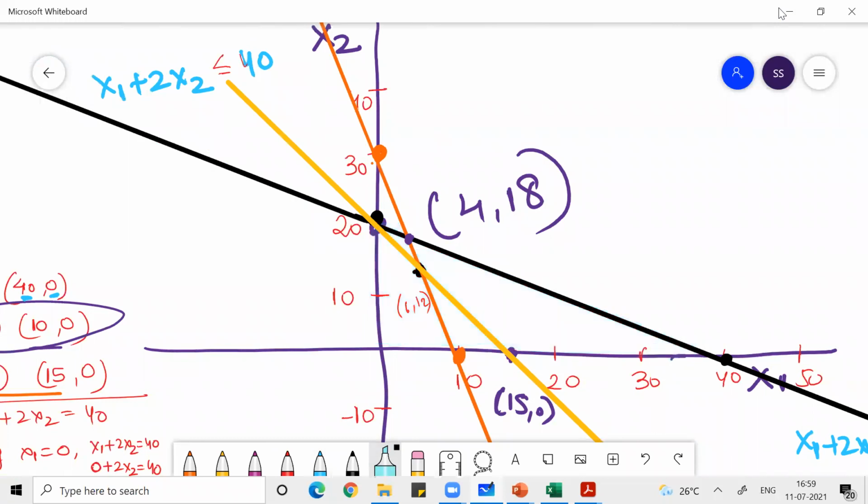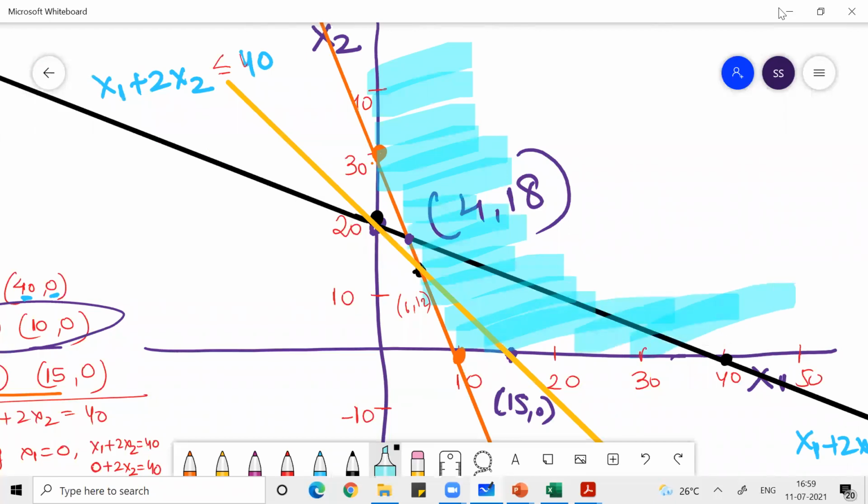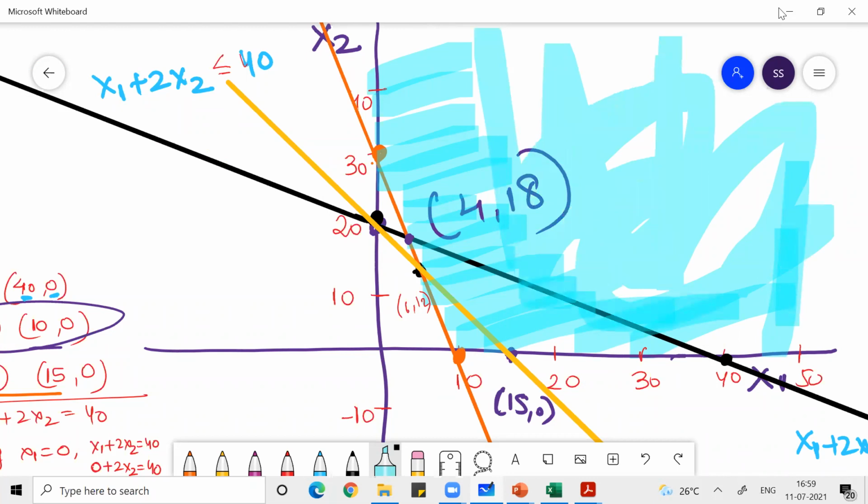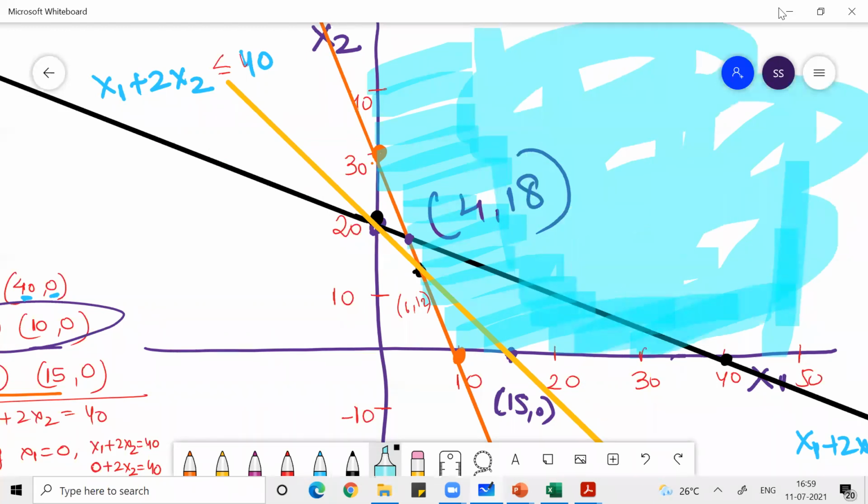Now, the second line, what was the area for the second line? The second line was greater than or equal to. This is the area for the second line. Do you remember this, guys?